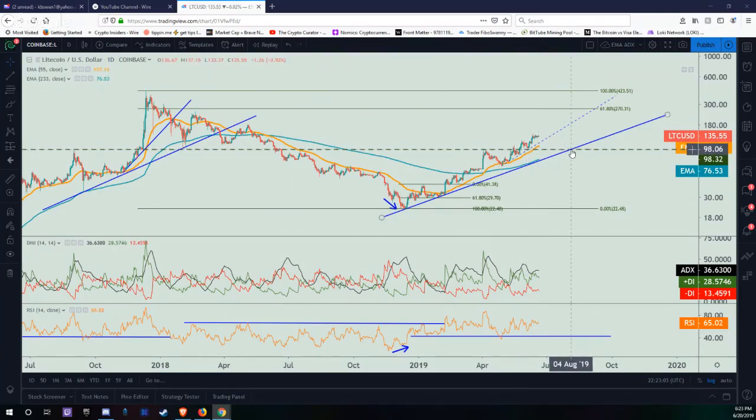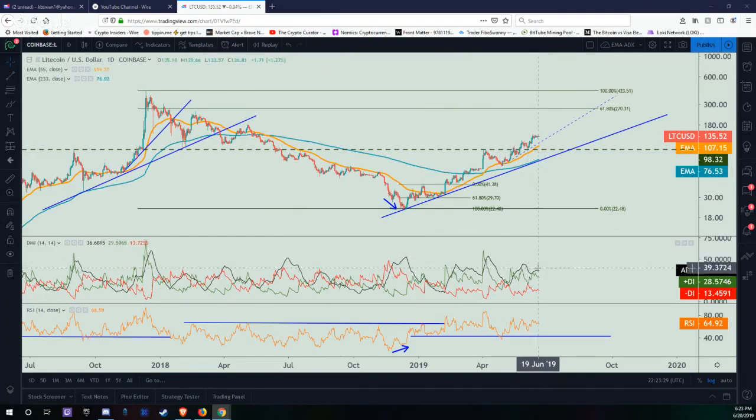So this intersection right here at about 100: if it comes back down to this line over the next few days or into the next month or so and we start to get a little bit of a downside, this intersection right around 100, where this line is resistance, I mean support, and this trend line right here is also support. So that intersection is going to be pretty strong.